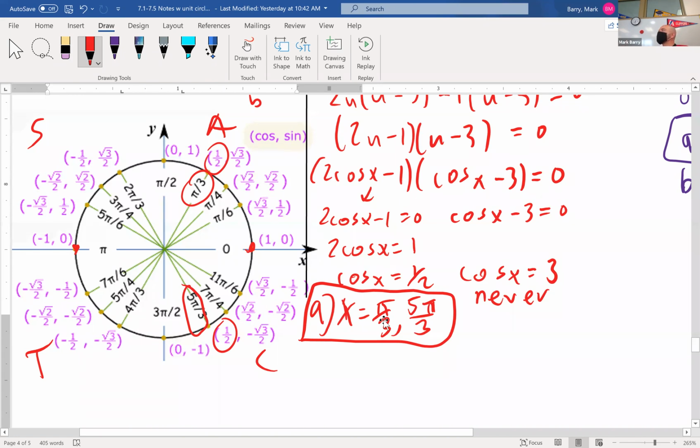I've had people answer this question before on a writing test and say x equals pi over 3, 5 pi over 3, and no solution. And I'm like, how are you going to tell me there's no solution when you literally just told me 2 solutions, right? So yeah, if you get one piece that doesn't give you answers, don't worry about it. Just focus on the one that does give you answers, okay?